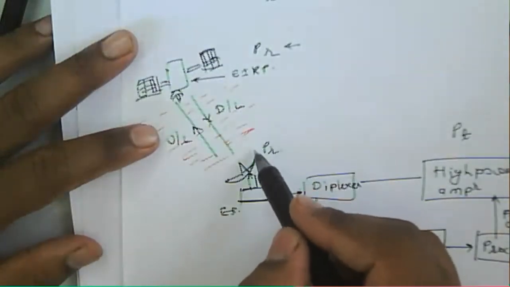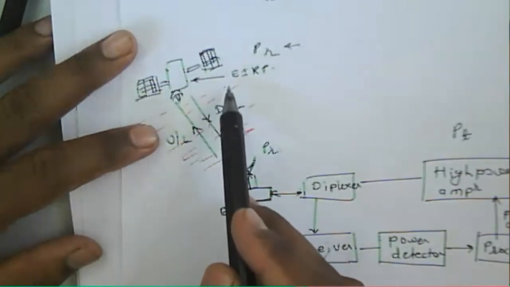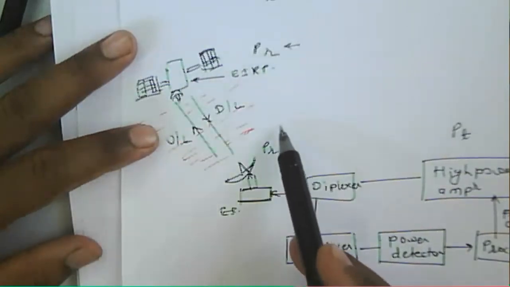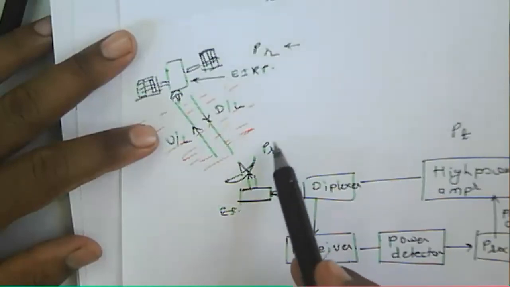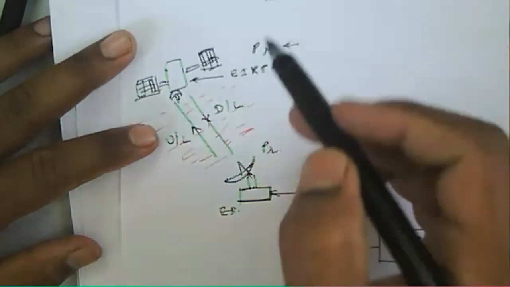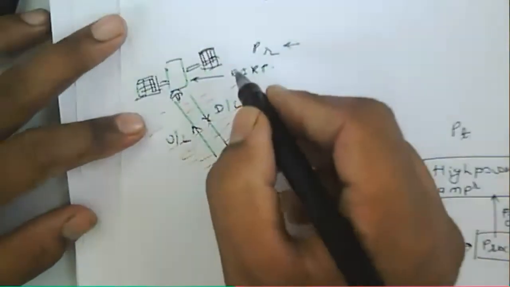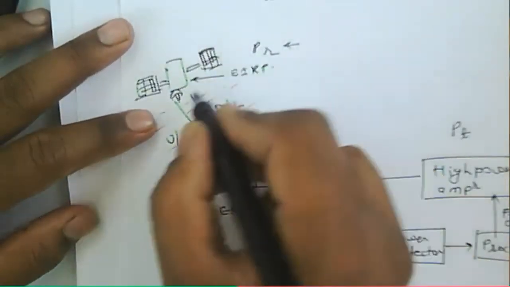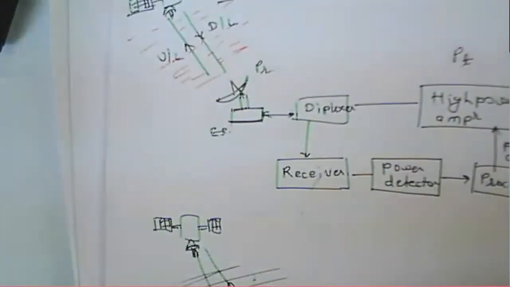By generating the high power signal at the transponder, the signal will be received with no attenuation in this path, and that will be completed by increasing the transmitting power at the satellite.